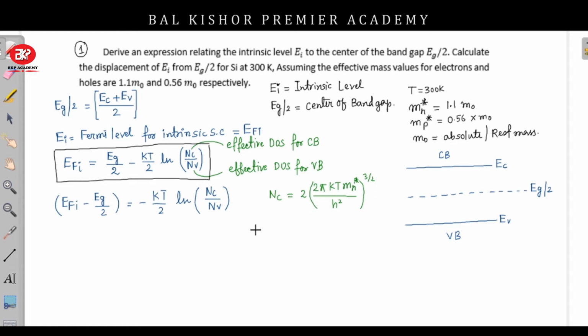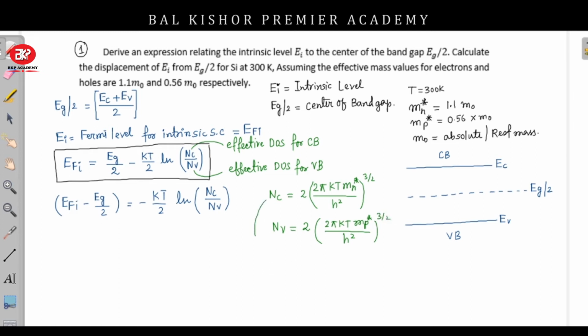Similarly, the NV value is given by 2 into (2 pi KT Mp star divided by h square) to the power 3 by 2, where h is the Planck's constant.